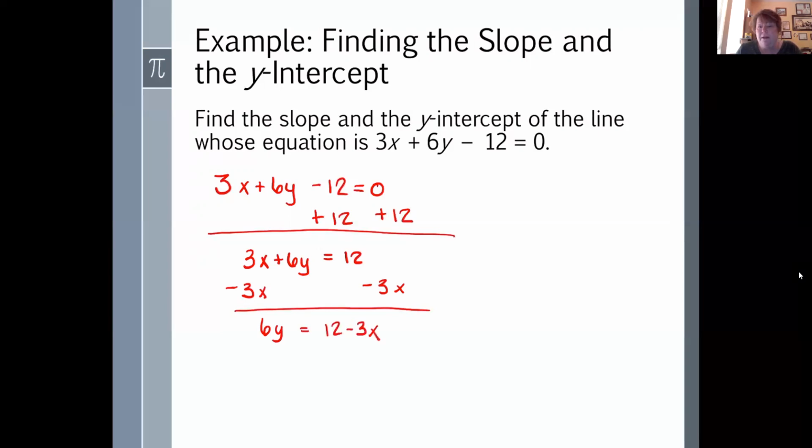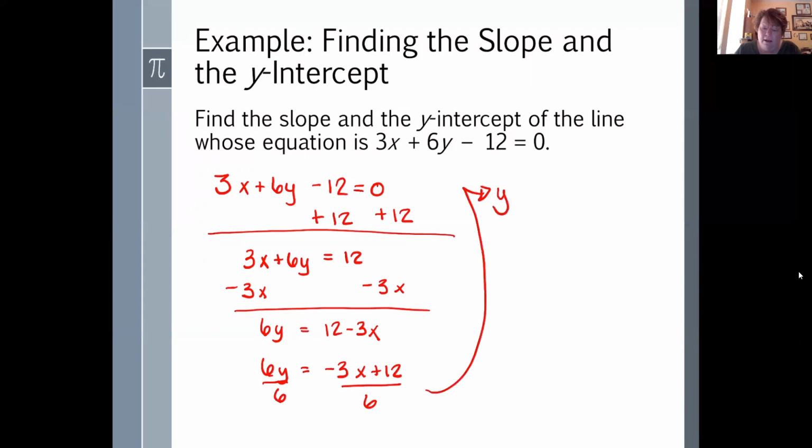And I'm going to rewrite the right-hand side as negative 3x plus 12. The last thing I'm going to do is divide both sides by 6. And now I have the y isolated.